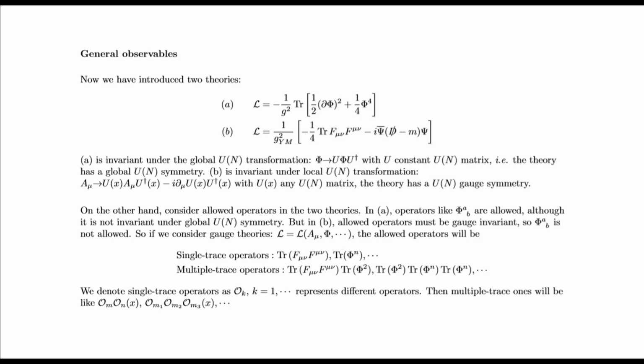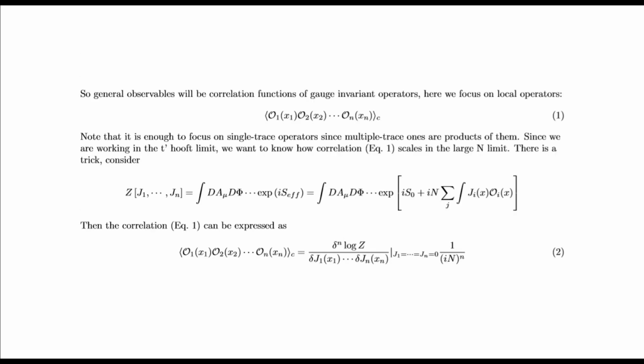We denote single trace operators as O_K. Then multiple trace ones will be like this. So general observables will be correlation functions of gauge invariant operators. Here we focus on local operators. Note that it is enough to focus on single trace operators since multiple trace ones are products of them.